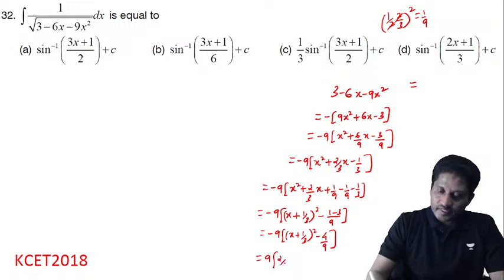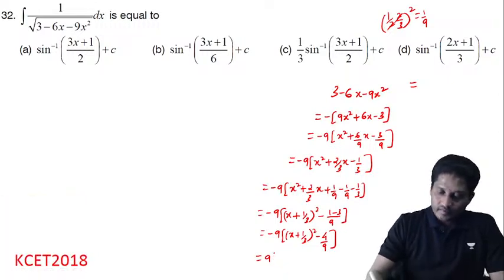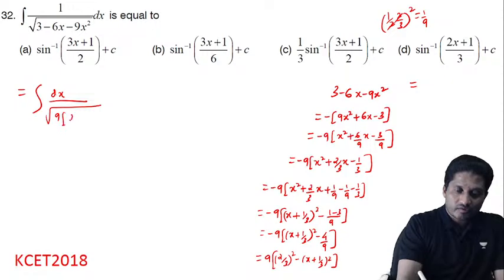4 by 9 can be written as 2 by 3 the whole square, minus x plus 1 by 3 the whole square. So this can be written as integration of dx divided by root of 9 into 2 by 3 the whole square minus x plus 1 by 3 the whole square.